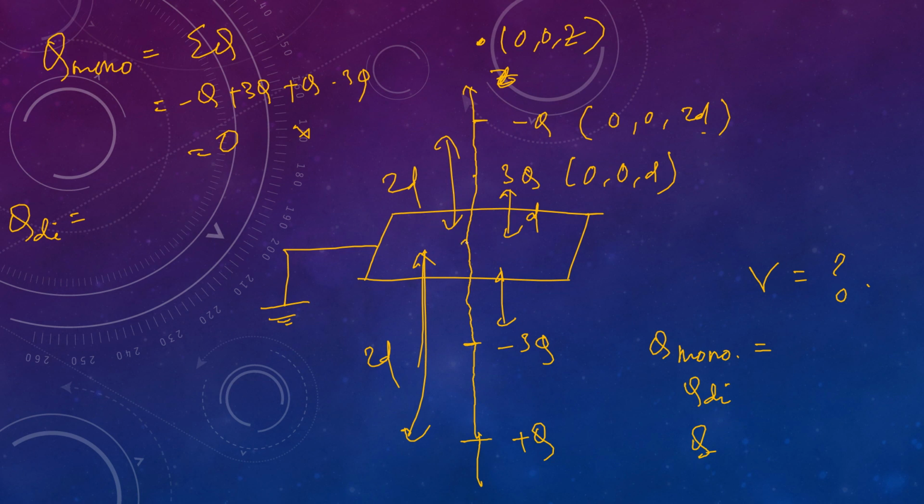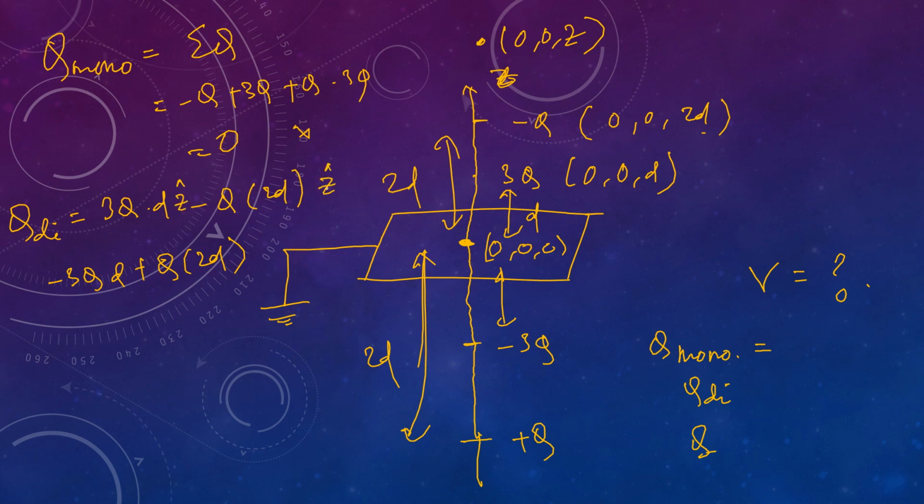Q dipole. For it we have to take a reference point, for example (0, 0, 0), and take all the distances from here. So 3q into d minus q into 2d minus 3q into d plus q into 2d. But here everything should be along z cap; this is minus z cap.